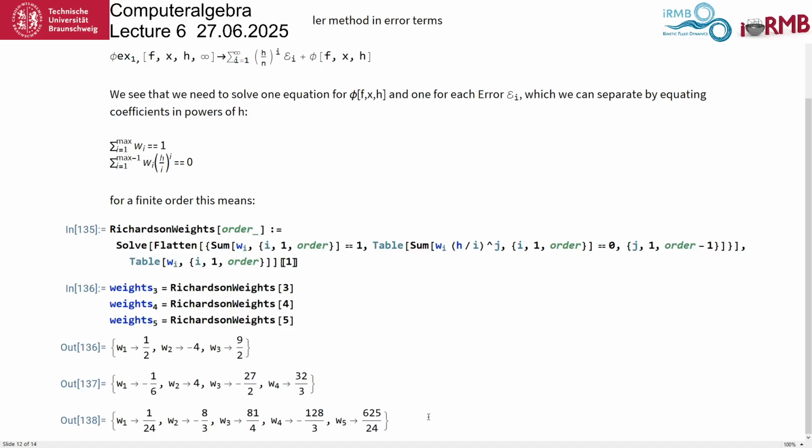These parameters are general, so all you need to do now is to evaluate these functions several times and multiply by these factors, and then you get a more accurate solution.